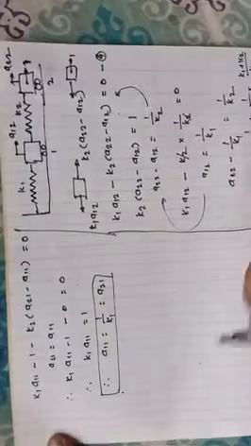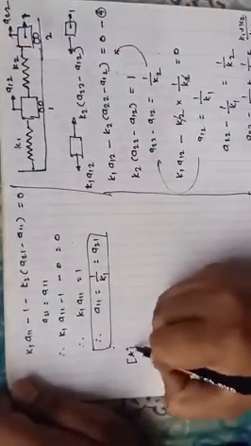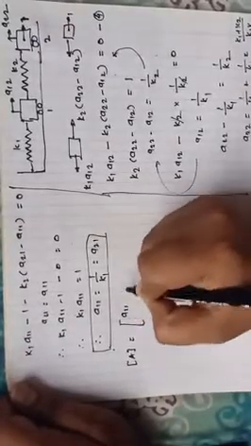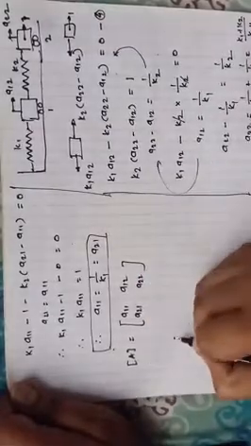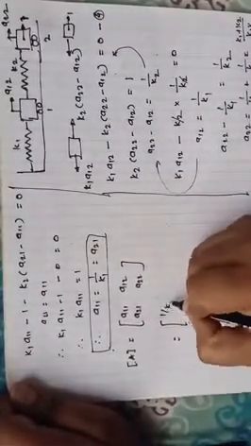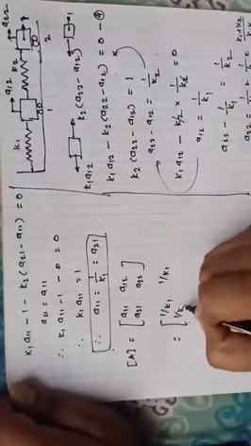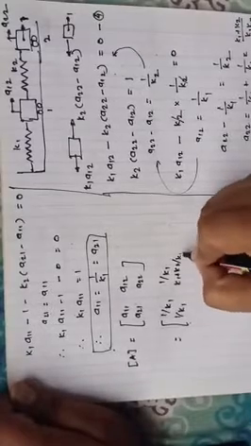So our flexibility matrix will be A11, A12, A21 and A22. So it will be 1 upon K1, 1 upon K1, 1 upon K1, and this will be (K1 plus K2) upon K1 K2.